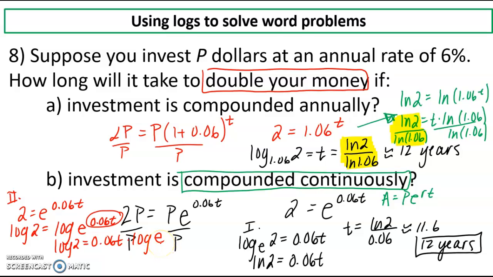Log of e is not natural log. Now to get t alone, I have to divide by 0.06 times the log of e. So if you're using your calculator, make sure that whole thing goes in a set of parentheses. Divided by... and it does verify that we get the same answer. So 11.6, so 12 years would be my answer.